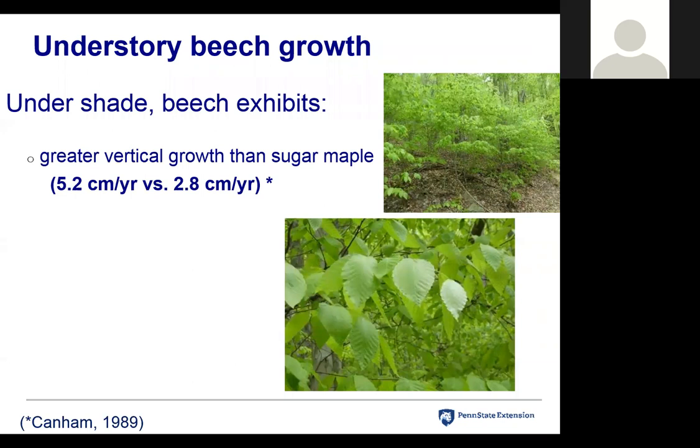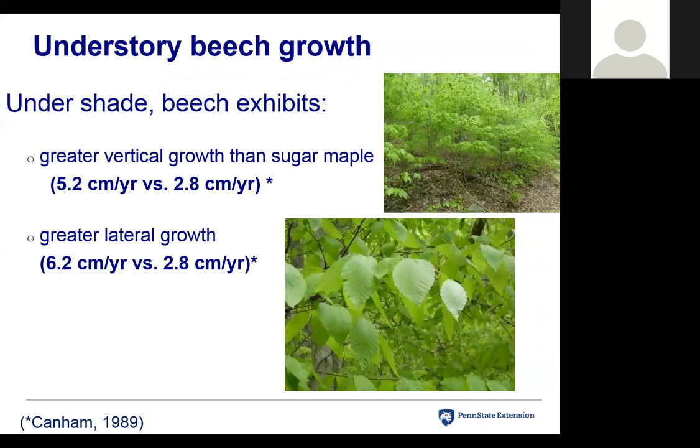You can see here almost double the vertical growth per year than sugar maple in the shade. Another important component is it actually has greater lateral growth, almost 3 times greater lateral growth. Many of you may have seen this in the forest, where you see the lower limbs and branches really spread out pretty far horizontally.